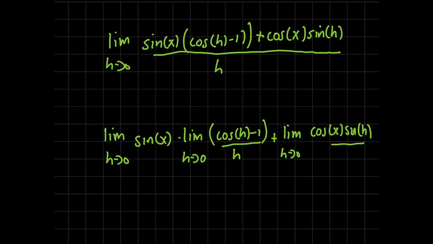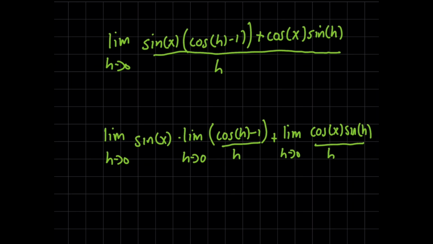So the idea, right, is that you can only split up limits like this if for each part you can show that, hey, the limit actually converges to a number. And we're going to do just that because this limit right here as h approaches 0 of sine of x is pretty trivial. Do you notice that sine of x does not have an h in there?